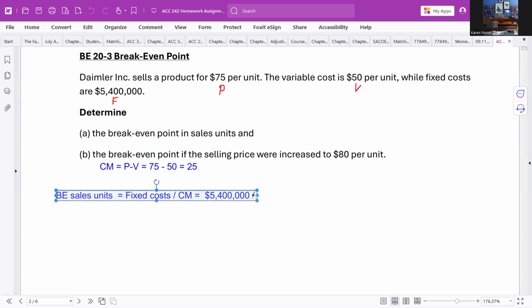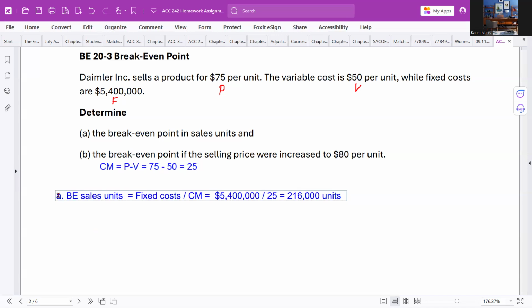So we want to make sure that we are dividing by the $25. $5.4 million divided by $25 gives us the break-even in sales units, which is 216,000 units of product. When we sell exactly 216,000 units, we break even. There's no profit, there's no loss. The total revenue just equals the total cost. So that would be A, the break-even in sales units.